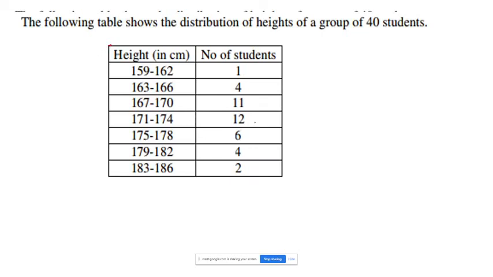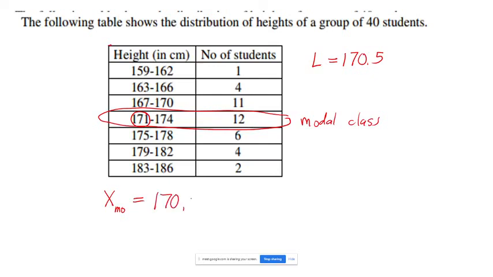Where is the modal class? Okay, this is the modal class. What is the value of L? Focus over this. How much is 171 minus 0.5? That is the value of L. Let's use the formula now. The mode is simply L, that's 170.5, plus, what is D1?